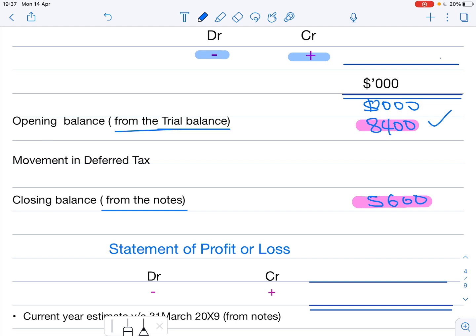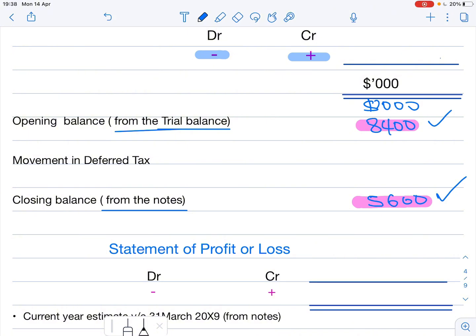The deferred tax liability at the start of the year was $8.4 million, whereas at the year end, this is reduced to $5.6 million. So what is going on here? It means between the opening and closing, something must have happened, and that thing is a reduction in deferred tax.